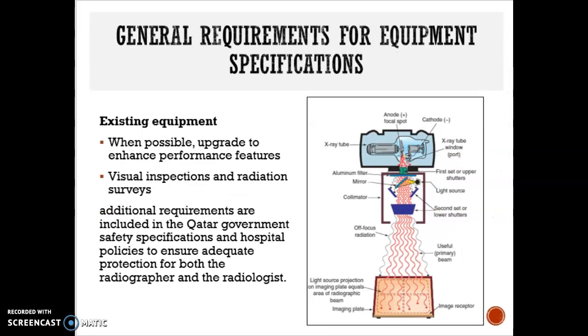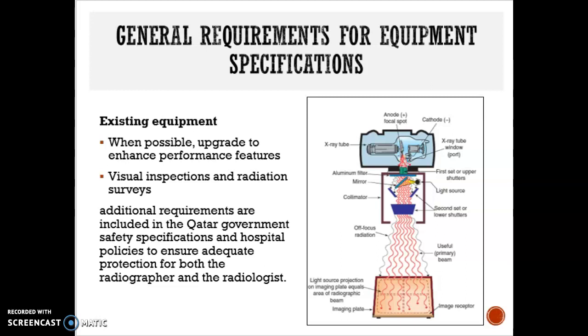So when looking at old equipment or existing equipment, what are the specifications or the requirements? Whenever possible, existing medical X-ray equipment should be upgraded to incorporate as many as possible of the safety and performance features required of new medical X-ray equipment, as specified in the radiation safety regulations at the time, of course.